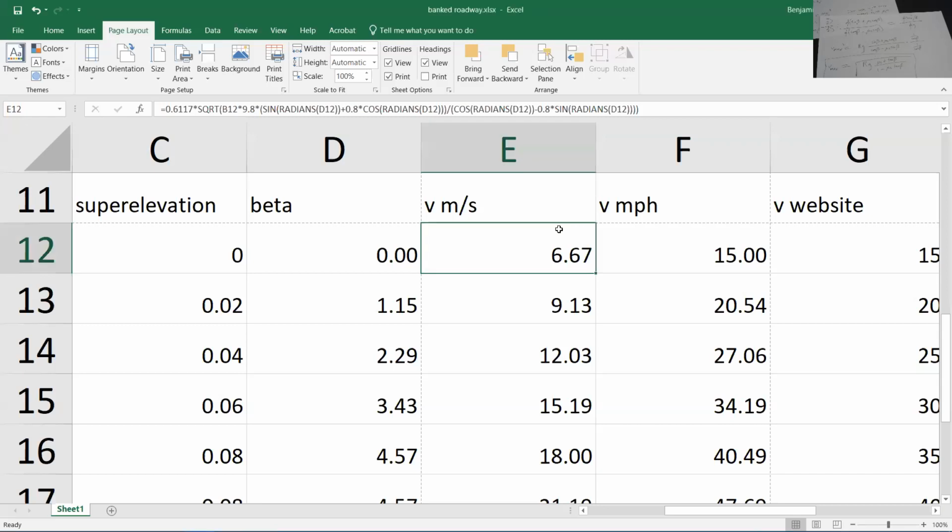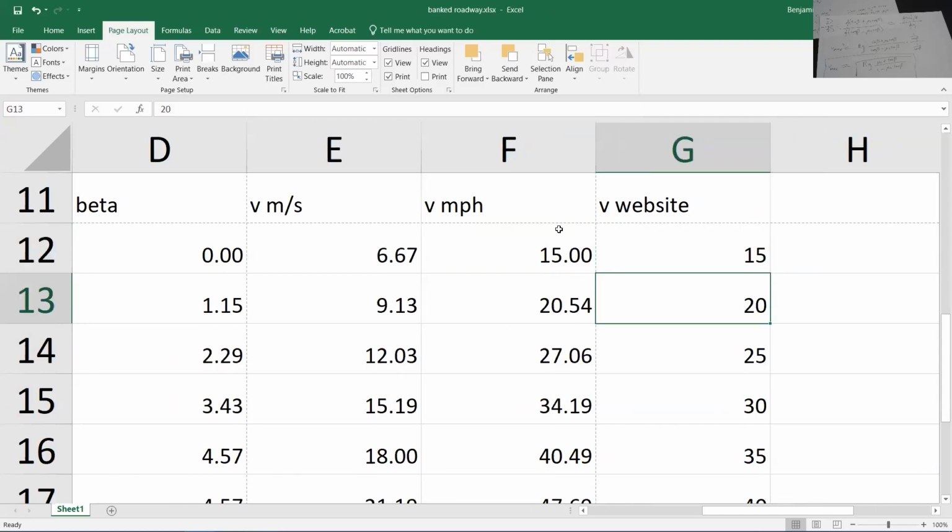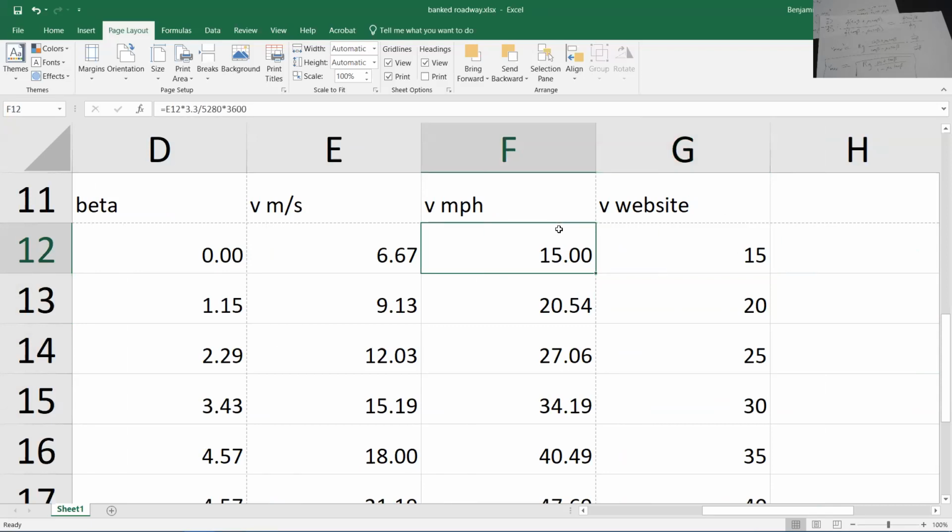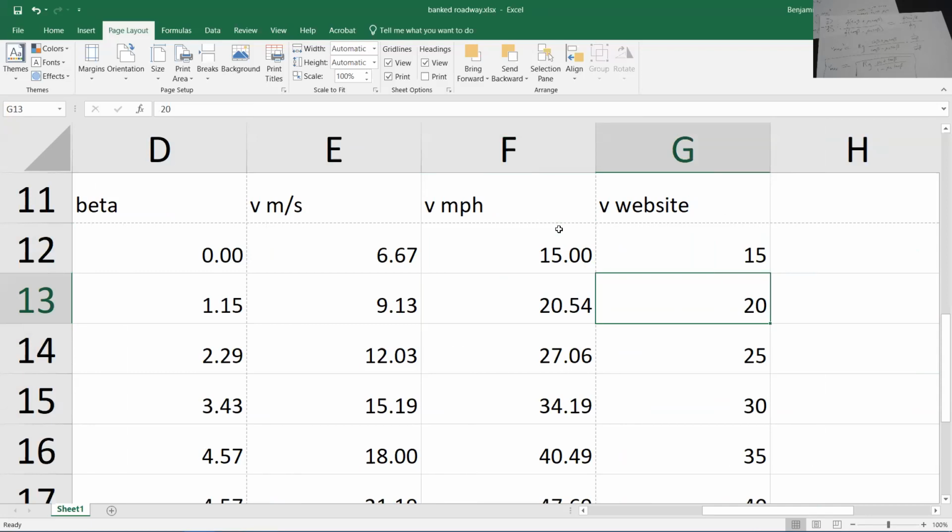And you'll notice that I get a bunch of numbers in meters per second. It's a simple matter to convert those into miles per hour. And remarkably, they're pretty close. You might be thinking, wow, what a coincidence that it came out to be exactly 15. Well, I'm going to explain why in a second, why these really do match exactly. 20.5, that's very close to the website's given value of 20 miles per hour.